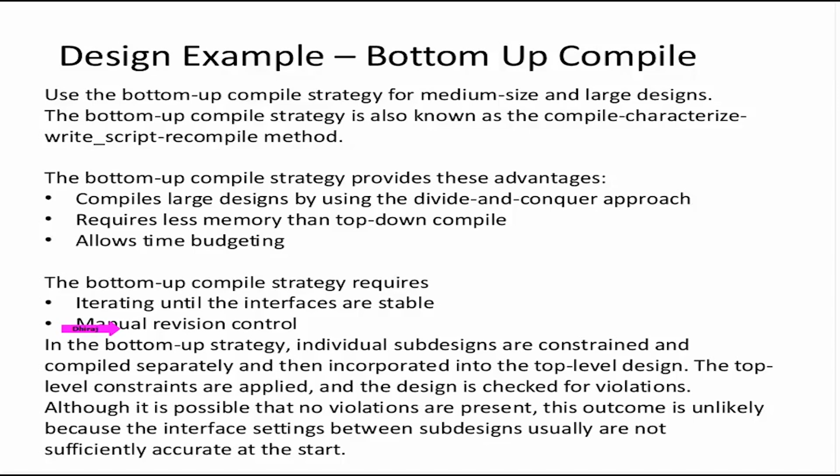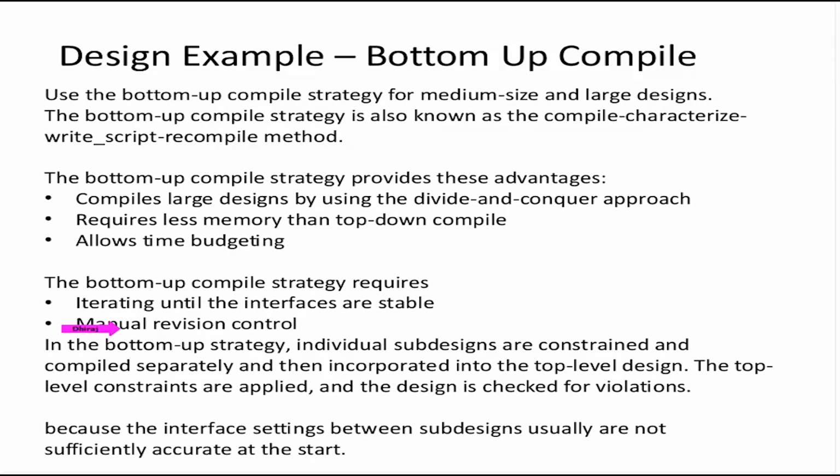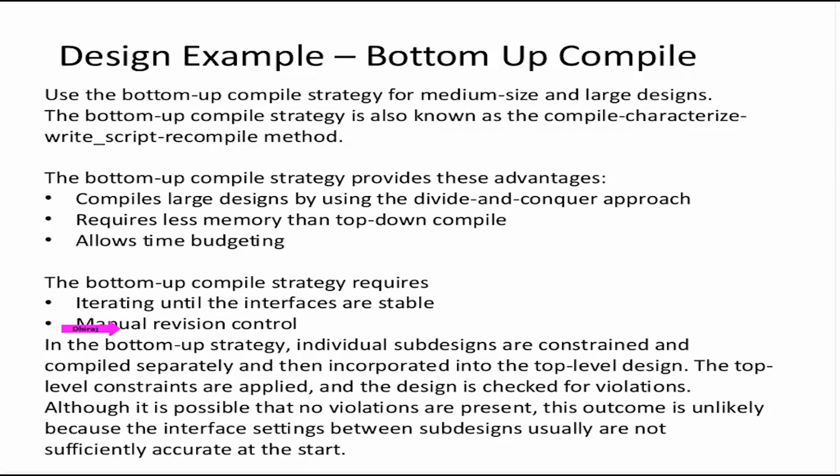So the idea in bottom up is that first we choose lower levels, the smaller sub designs, and compile them. Then we read this compiled design as part of the top level design, and now we compile the top level design, applying the top level constraints, and we check for violations.